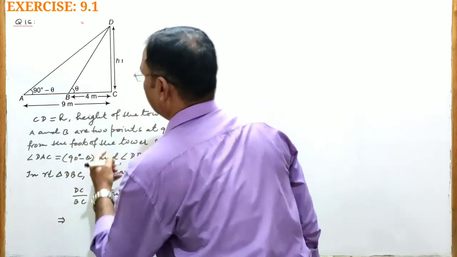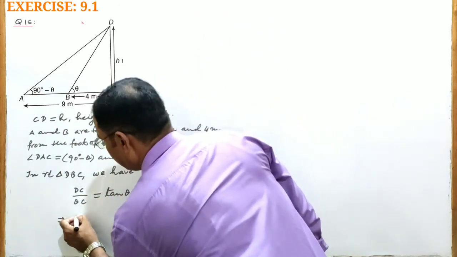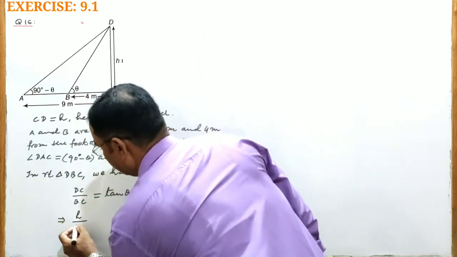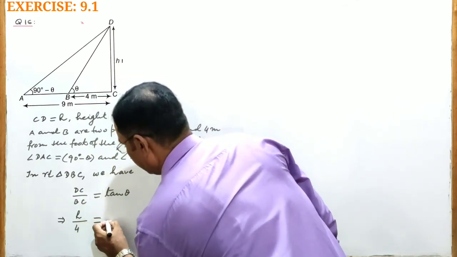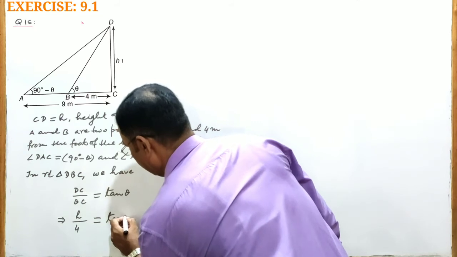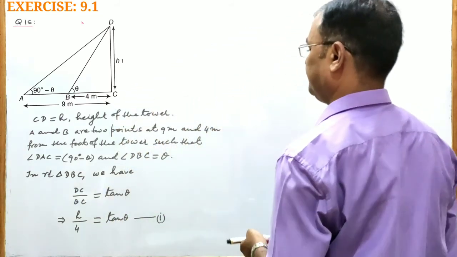DC or CD is the height of the tower, that we have taken h. So h by BC, which is 4 meter. So h by 4 is equal to tan theta. Let it be equation number 1.